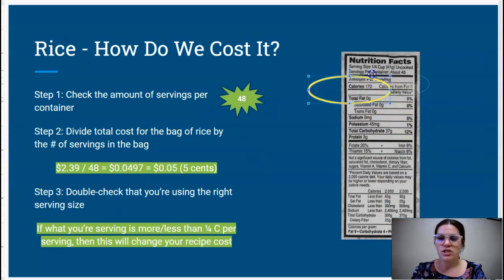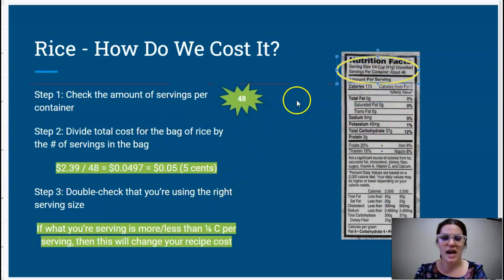What we are going to do is take a look first at the amount of servings per the container. So the first step is always looking at the amount of servings on the food label that is written. And you see here there are about 48 servings in the 5-pound bag of rice. So I have 48 written here.